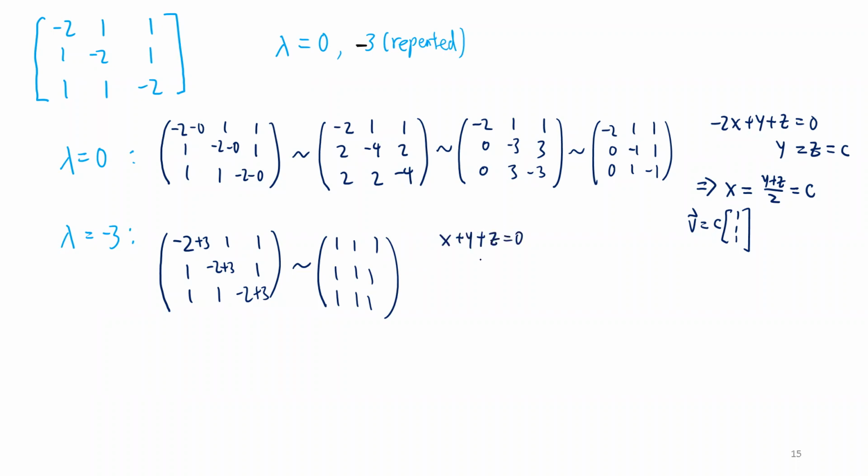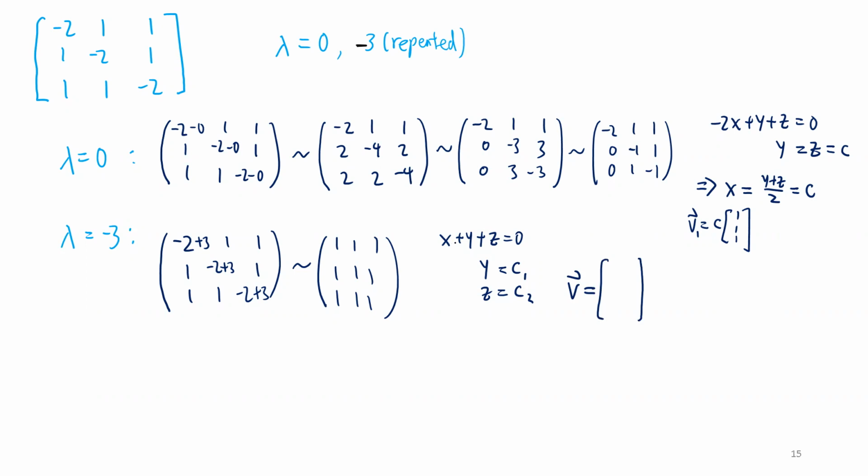And then there is no constraint on any two of the variables. So y, I can take a parameter c1, and z another parameter c2. So this time, what is my eigenvector?